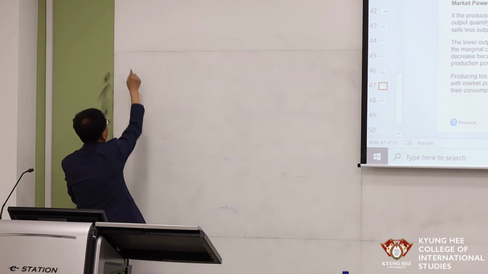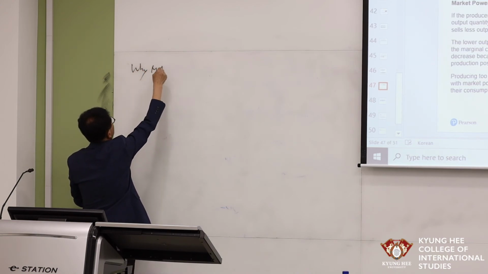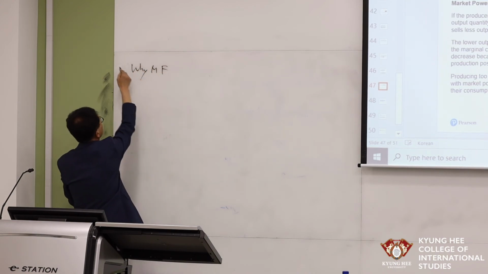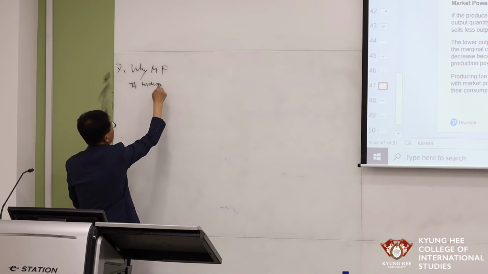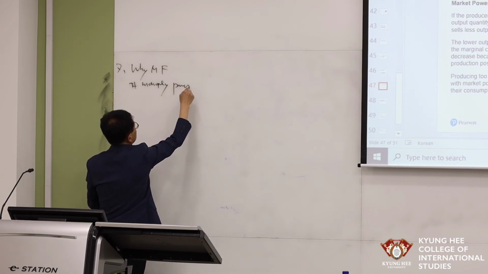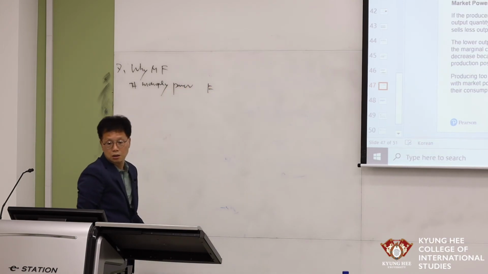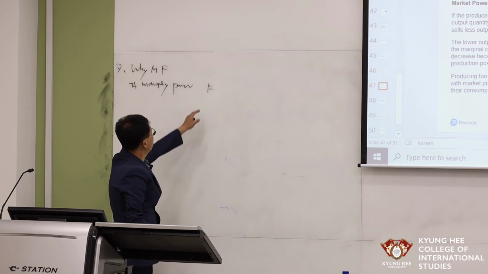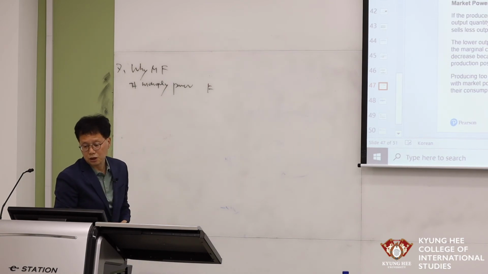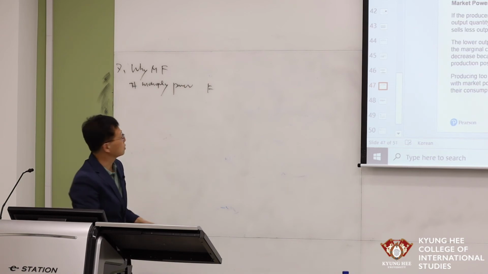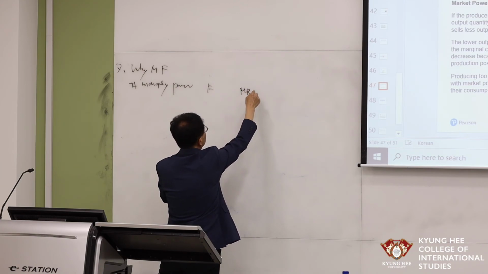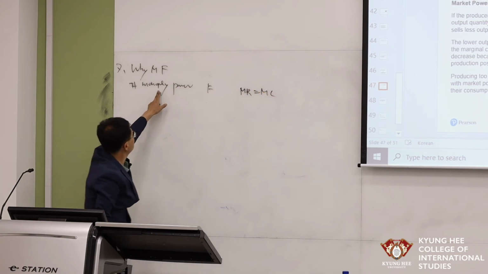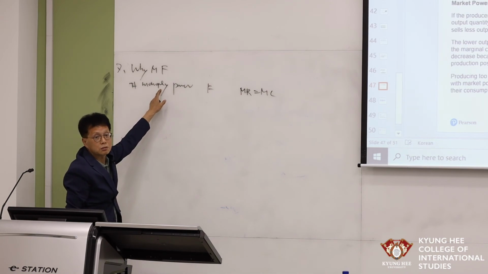So why does the market fail? Section 7. Number 1, monopoly power. For example, in food production, producers have monopoly power. Then they choose the quantity. So the profit maximization condition is marginal revenue equal to marginal cost in the monopoly case instead of the competitive case, right?